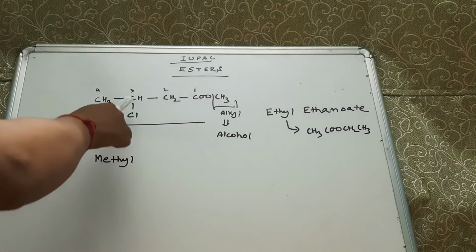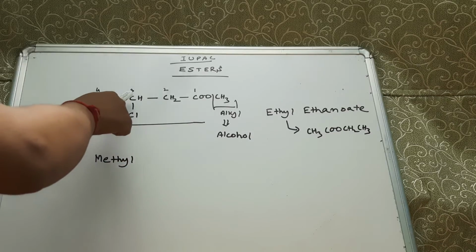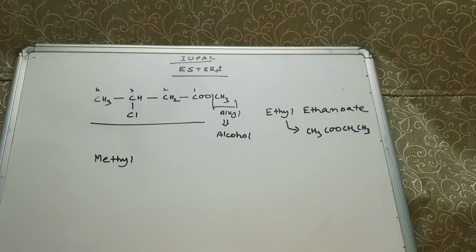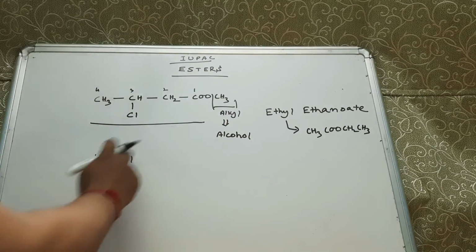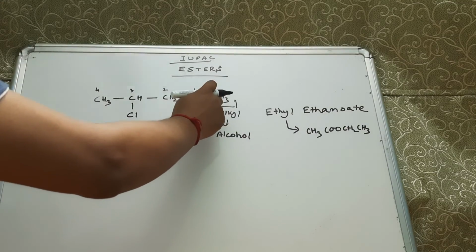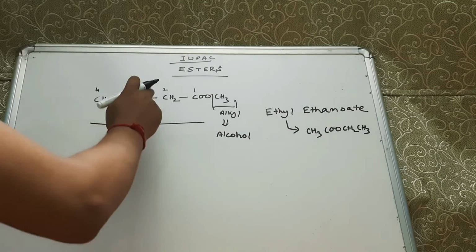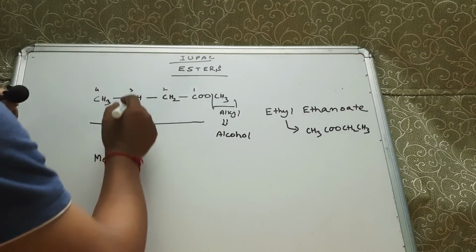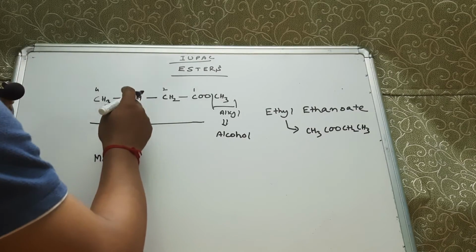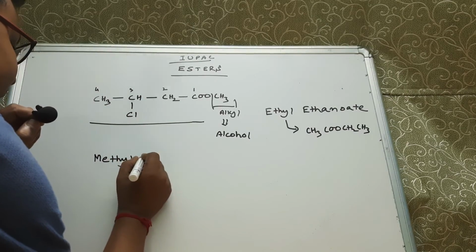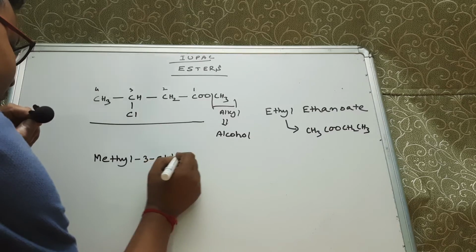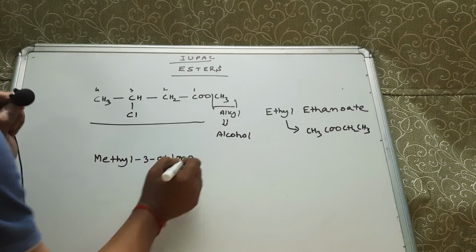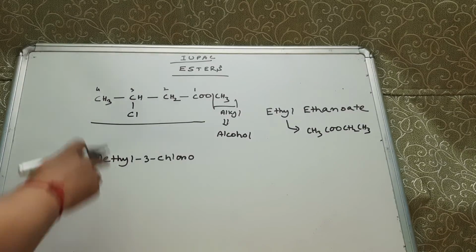That's why the chlorine substitution is situated on the third carbon atom. So at first you should write the alcohol part, that is methyl. This is one carbon atom, so it is methyl. Then write the substitution, 3-chloro. Total number of carbon atoms in the carboxylic part is 4.